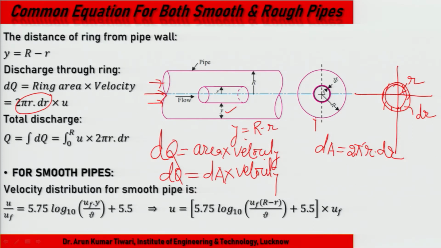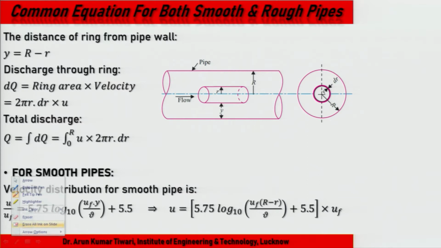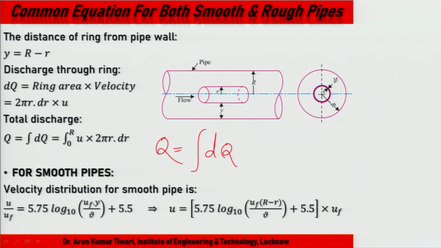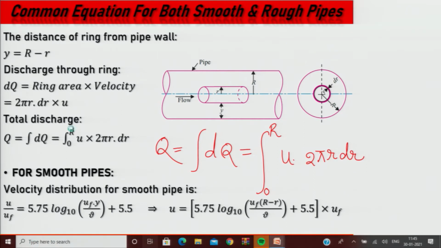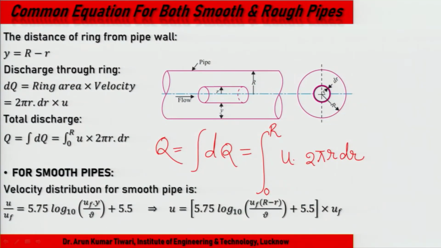The total discharge Q is the integral of dQ from 0 to R, that is, velocity into area, where the area is 2 pi r dr.